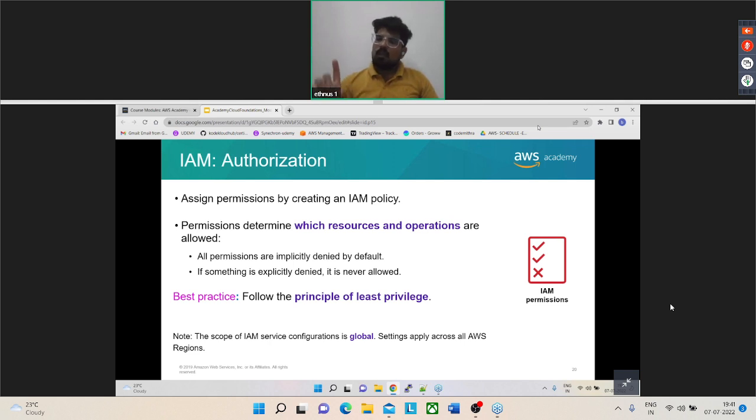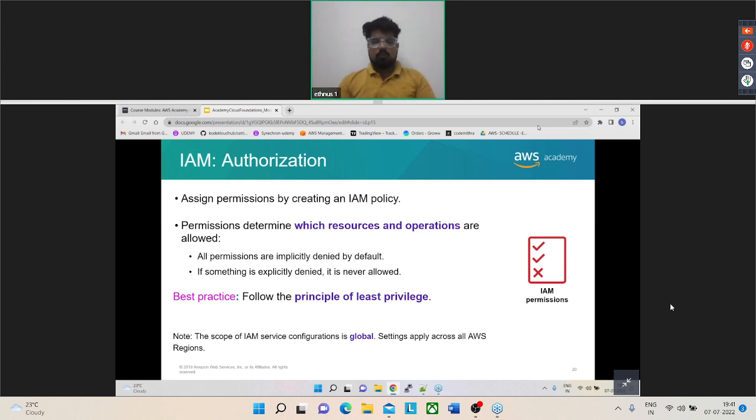So by default, for a new IAM user, everything is denied. He can access the account, but he won't be able to run or use any kind of AWS services. So we have to attach IAM policies as part of authorization, and inside the IAM policy we write the policies which help the users get access to a particular AWS service.